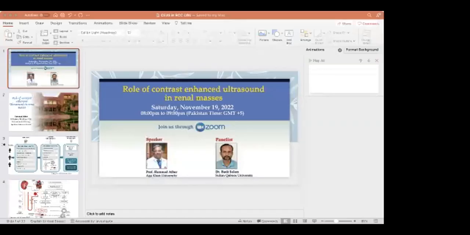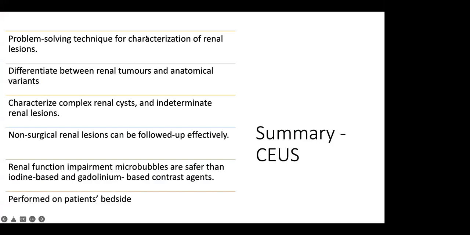septal thickening that is more than 4 millimeter, or there is no nodular thing that we can appreciate, so we can stop there. There's a checklist that you go through while reporting.